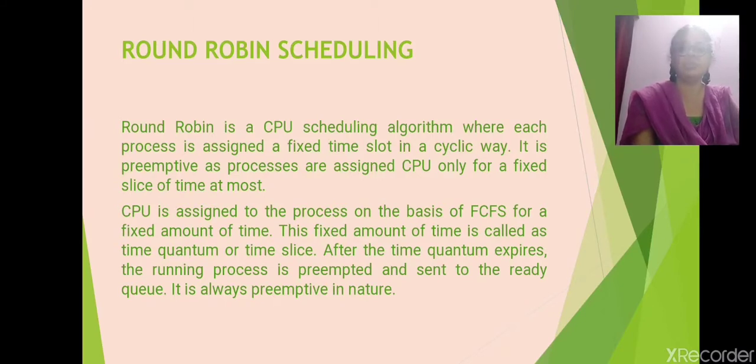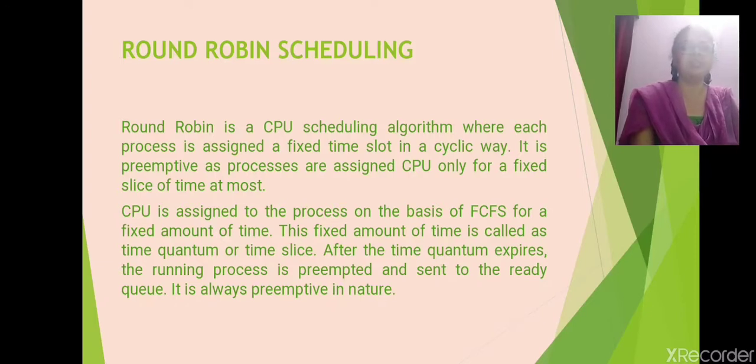How is the CPU assigned? CPU is assigned to the process on the basis of FCFS for a fixed amount of time. The fixed amount of time is called a time quantum or time slice. After the time quantum expires, the running process is preempted and sent to the ready queue. It is always preemptive in nature.